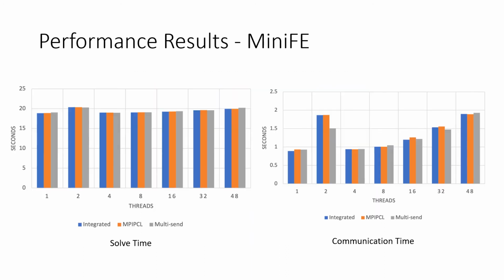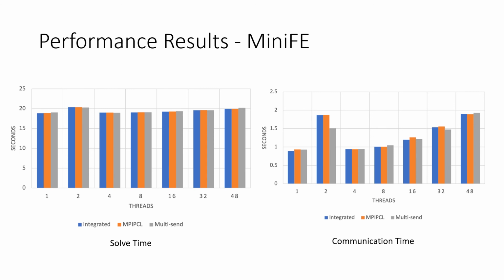Our final test was to run a modified version of MiniFE that's been modified to work with partition communication. So we ran this 3 different rounds with the different setups. The first one was we ran it with the integrated version of partition communication inside of OpenMPI.